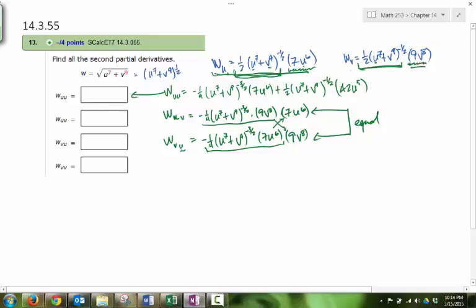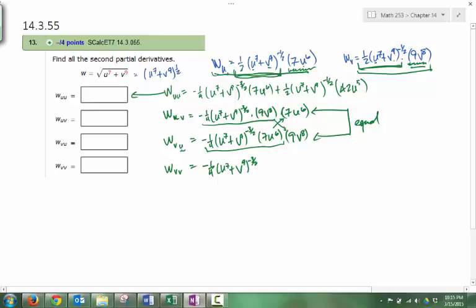Alright, the last one, w sub v with respect to v. So this is going to be a product rule, derivative of the first times the second plus the first times the derivative of the second. So let's go ahead and work that out. Derivative of the first, and you should get used to writing this stuff by now.